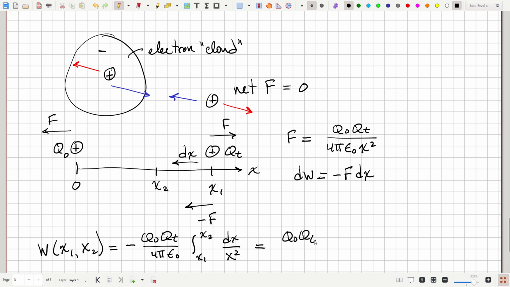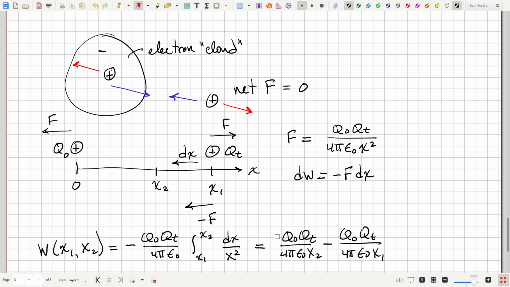q0 qt over 4 pi epsilon 0 x2 minus q0 qt over 4 pi epsilon 0 x1. This is the energy or the work required to move the charge from x1 to x2. And it's the difference of these two quantities.